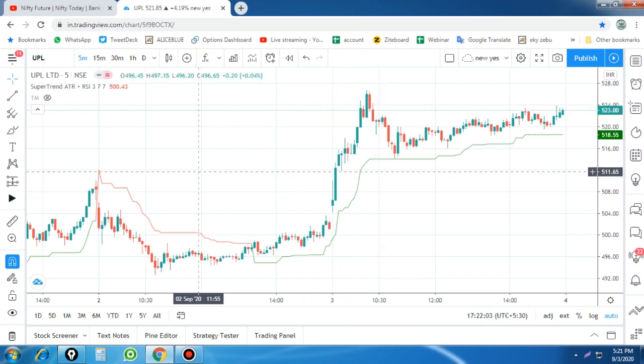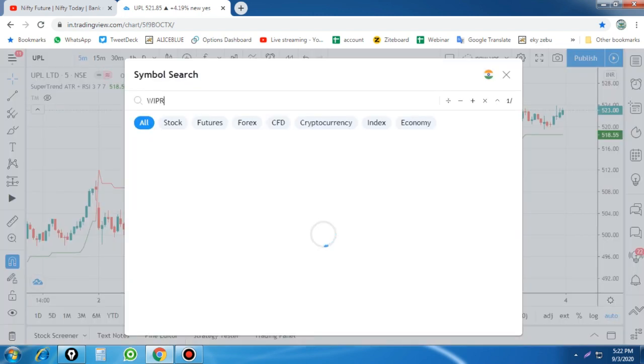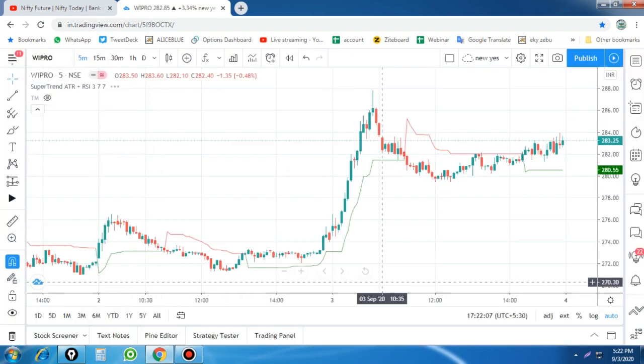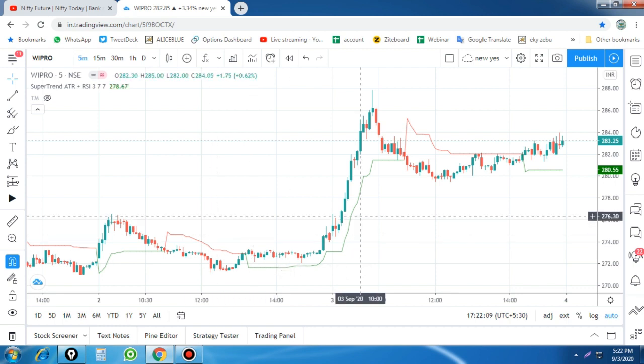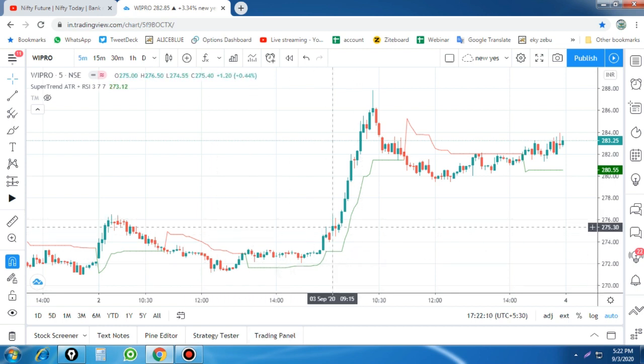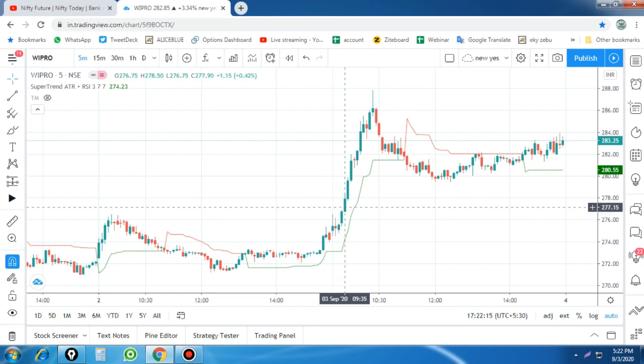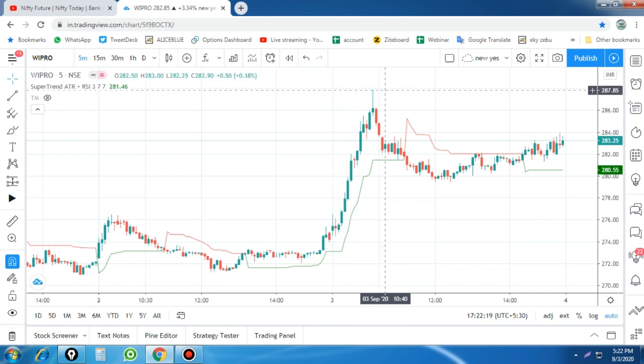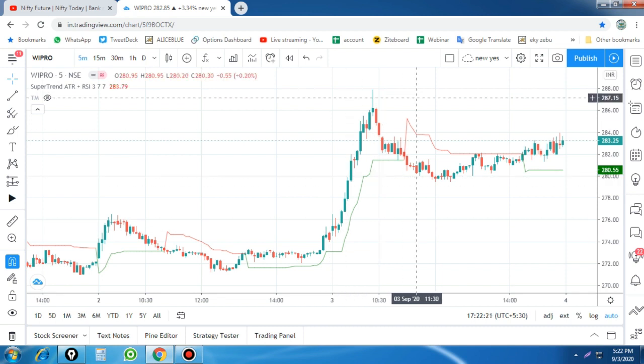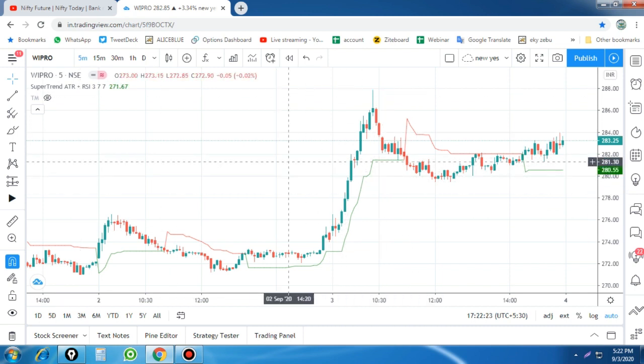Another stock is Wipro, which I traded today, and it gave me a nice result. This is the opening, and initially the stop loss was very flat, and at this particular point the stop loss increases around 278 and it went up to 287, almost a 9 rupee movement. The stock selection is based on a different method, but here the super trend method is the same.